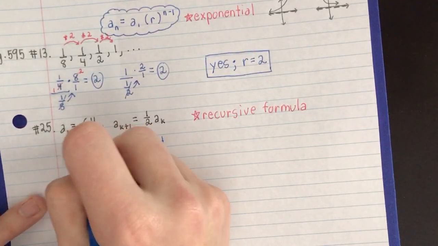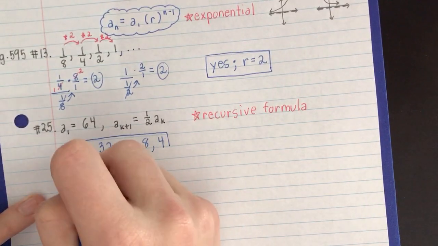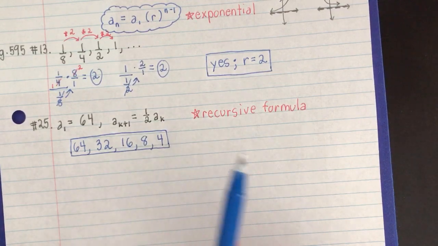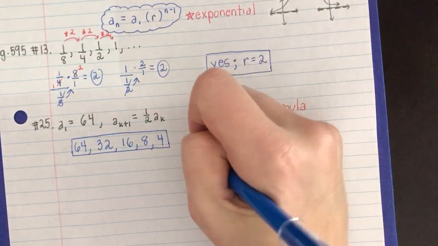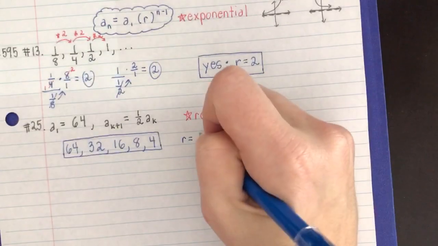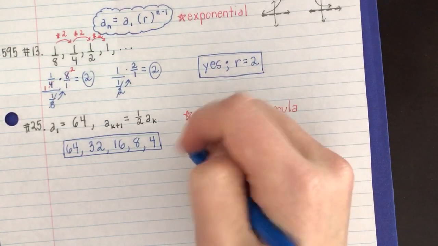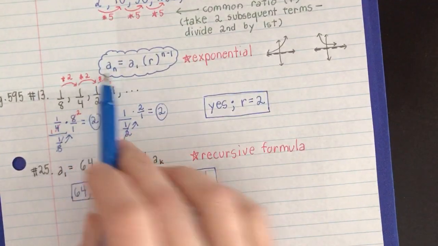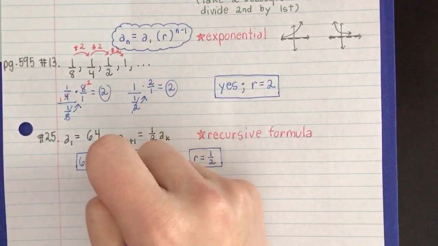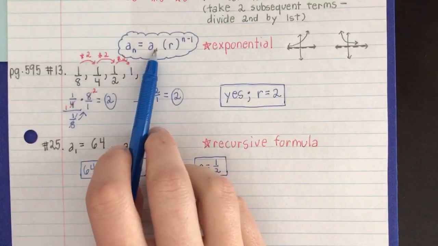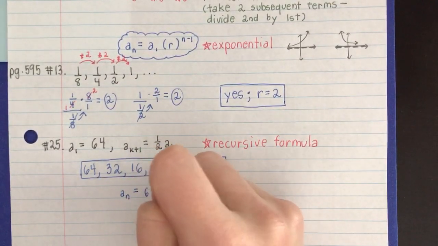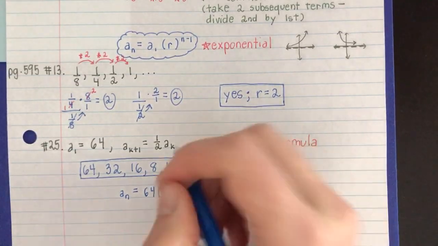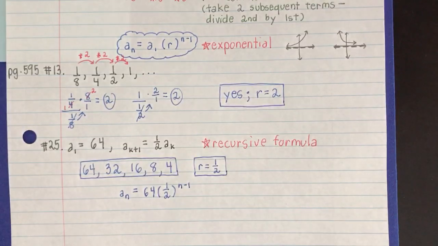So first 5 terms, let's talk about R. What's that common ratio? To get to the next term, we are multiplying by a half. So R equals a half. That's our common ratio. Now, let's write our formula. a sub n equals that first term, 64, times that common ratio, 1/2, to the n minus 1.